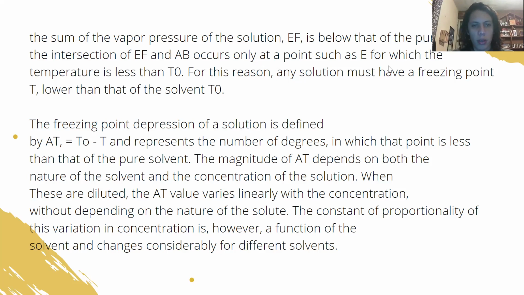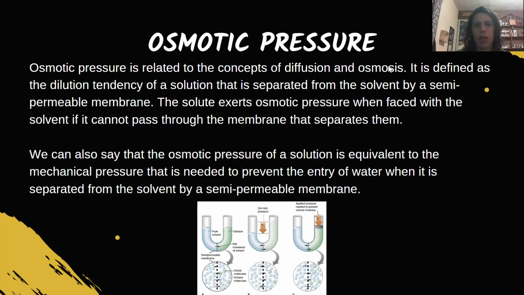When solutions are dilute, the ΔT value varies linearly with the concentration without depending on the nature of the solute. The constant of proportionality of this variation is, however, a function of the solvent and changes considerably for different solvents.